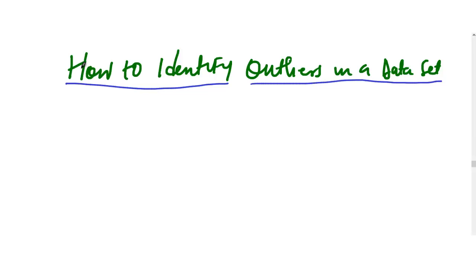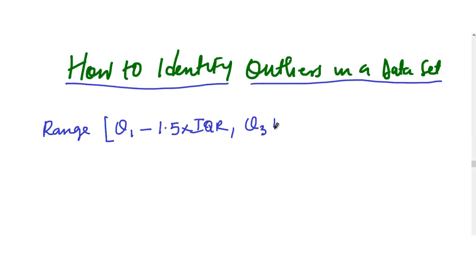An outlier will exist if a number does not satisfy this range: Q1 minus 1.5 multiplied by IQR, where IQR represents the interquartile range, as in my previous video, to Q3 plus 1.5 times IQR. If a number given in the question does not fall into this range, it is said to be an outlier, meaning that if the histogram is plotted, it will be far away.